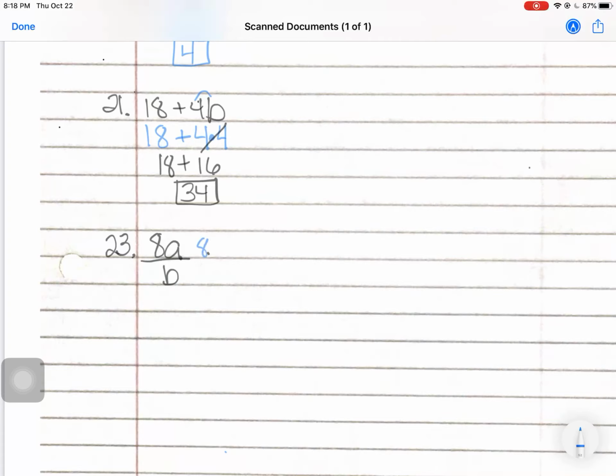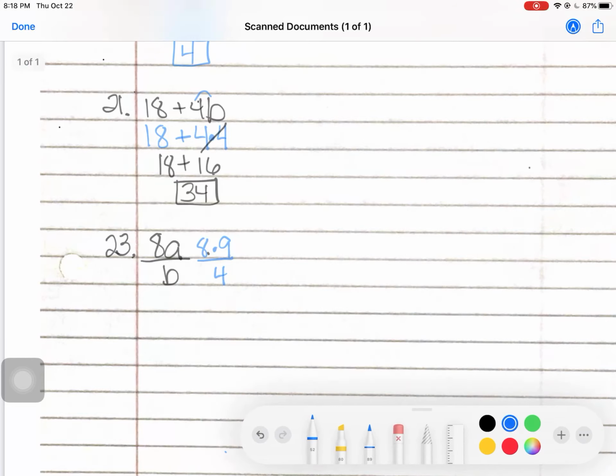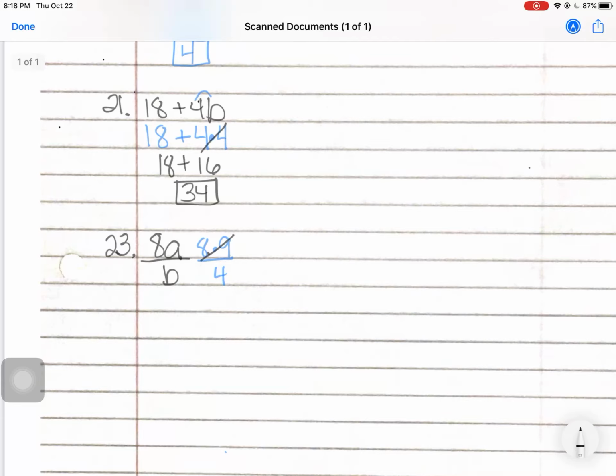All right, so we've got 8 times A is 9 over B is 4. So following my order of operations, what step am I going to do next? You got it. Multiplication. 8 times 9 is 72.